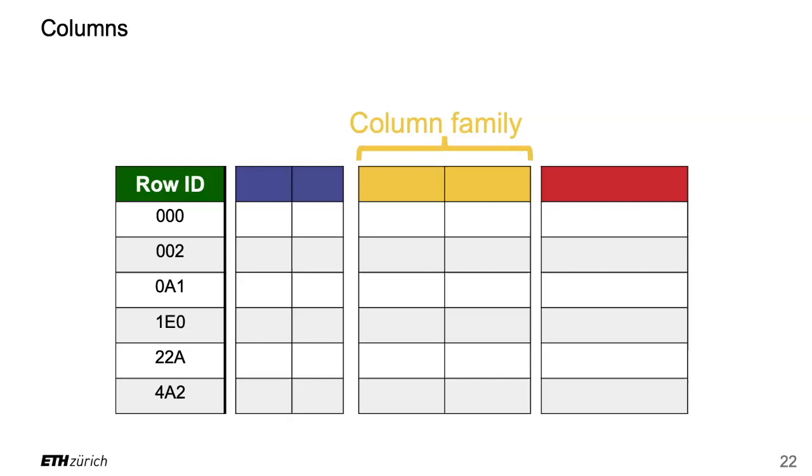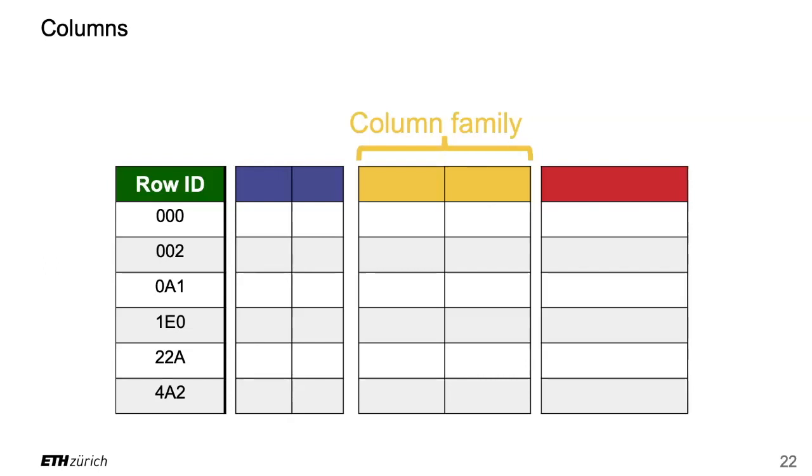And just to give you an intuition, when we denormalized the data, typically the different column families would correspond to potentially different tables. But when we bring them all together, we just have these column families, the groups of columns that would come from all the different tables. That's just a high-level intuition.